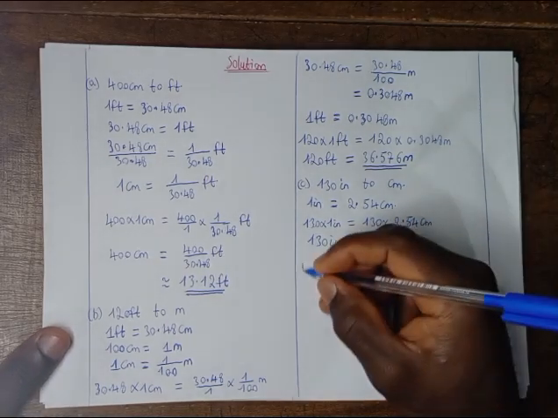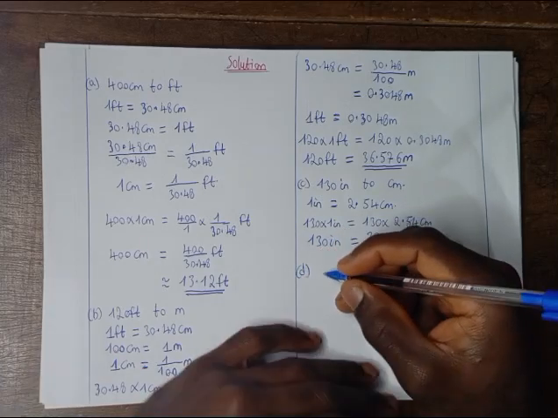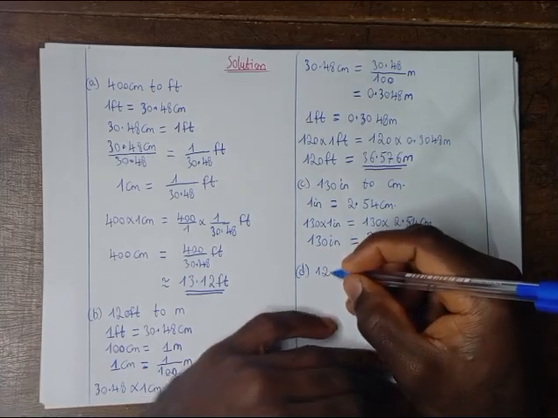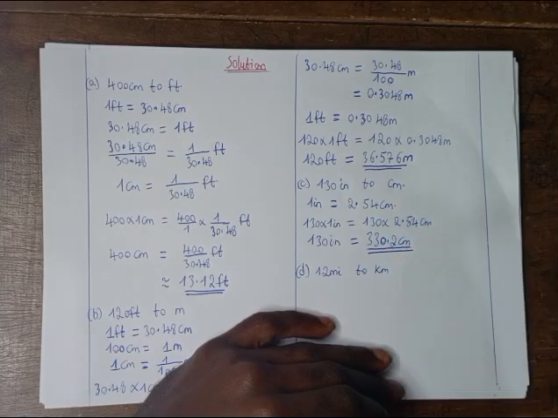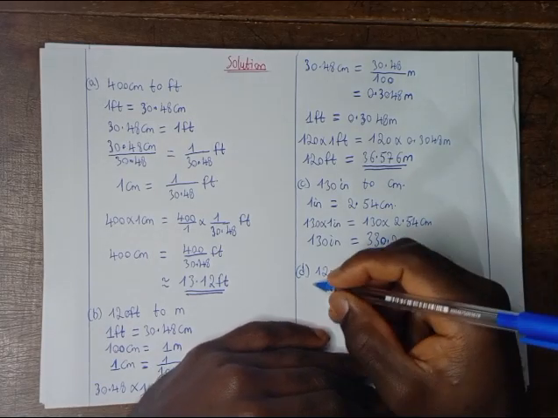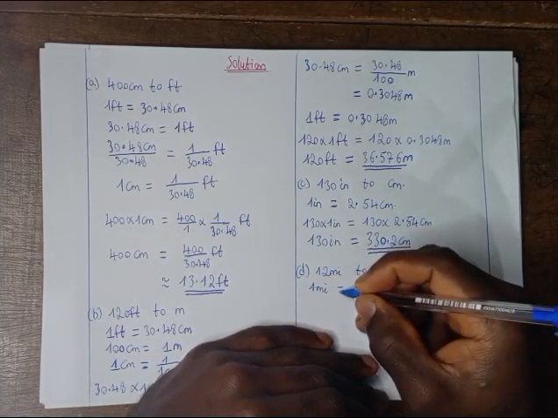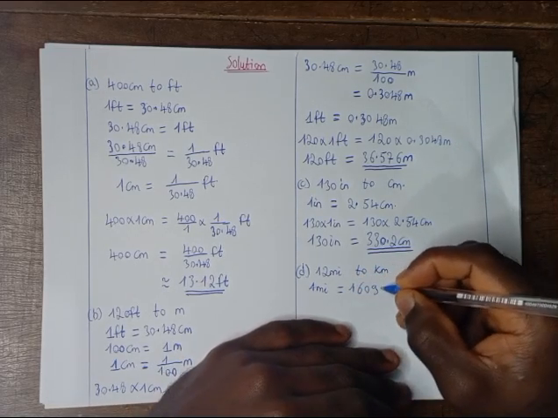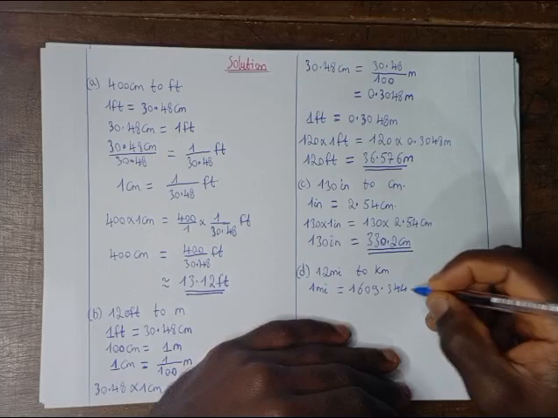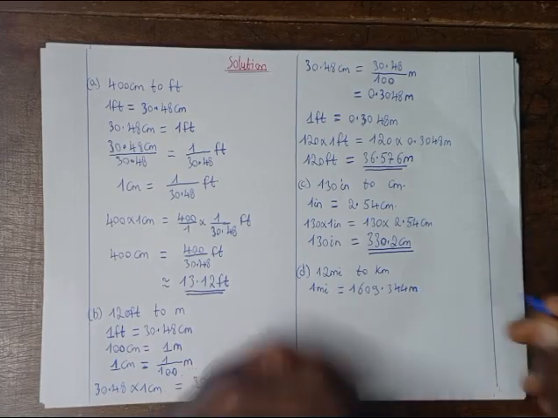Next, now we go to D. For D, we have to convert 12 miles to kilometers. We know that 1 mile is equal to 1,609.344 meters.